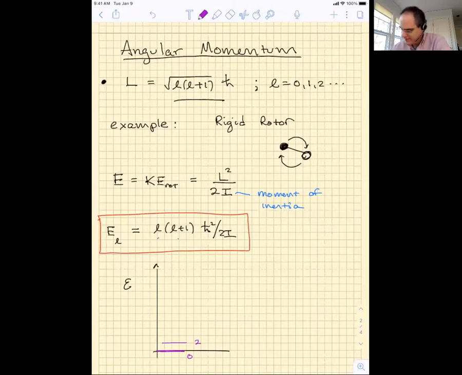All right, did you figure it out? So the next state is 2 times 3 times that quantity, so it's 6. The next state is 3 times 4 times the quantity, so it's 12 units. The next one is 20 units.